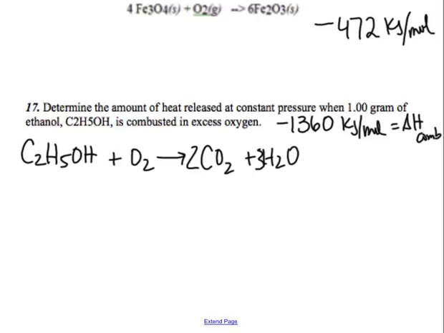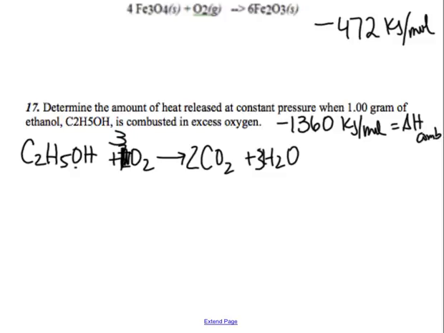Let's see, 4, 7. Do I need 7 halves, really? Is that right? No, I don't. I forgot about this one. My bad. I need 7 O's. 3 times 2 is 6 plus 1 is 7.